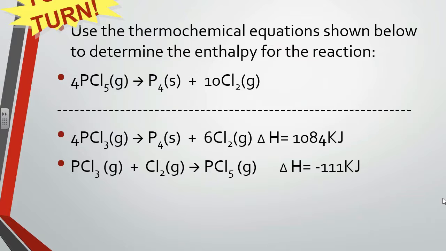Okay. And so now that I've done that, now I can say, hey, will everything cancel out? Let's just see. Now my 4 PCl3 cancels out with my 4 PCl3. I've got 4 PCl5 on that side, which is what I want. I'm supposed to have a P4. Oh, cool, I have a P4.